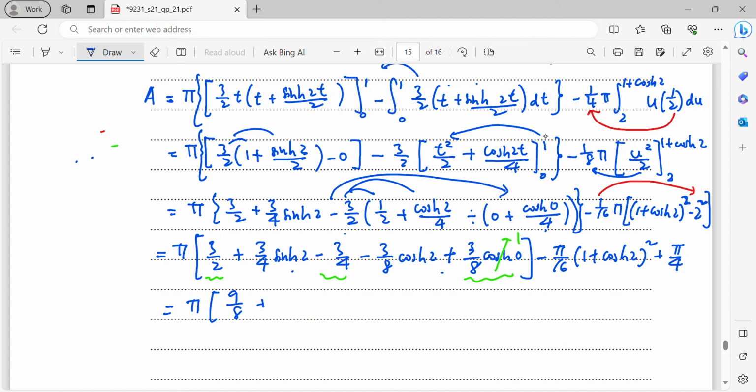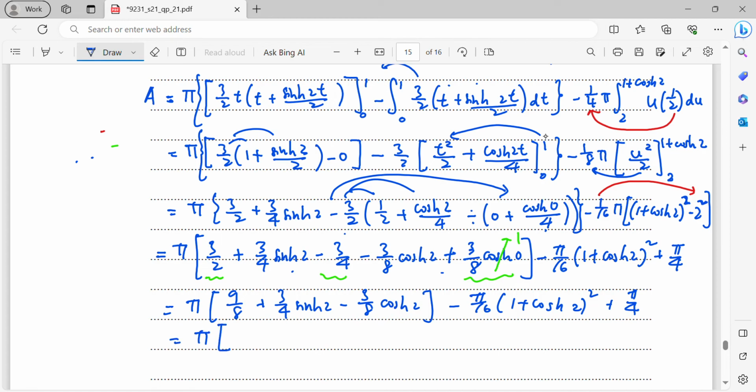These two terms, just rewrite. Then now minus pi/16. Copy the rest. And then the next step is to simplify the answer. So from here, the pi can be taken out, which is in common.